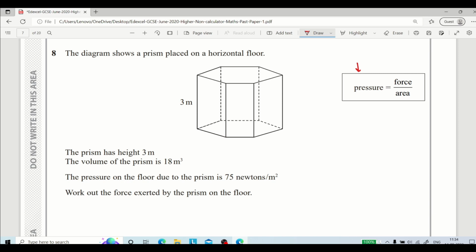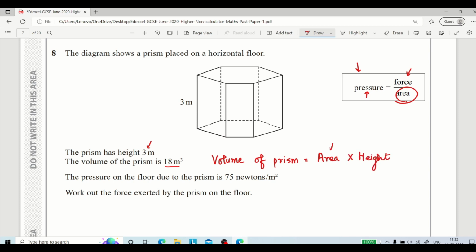So the very first thing here is we are given the volume and we are given the height. Yes. And for pressure, we are given the value of pressure. We need to find out the value of force. So which means we are expected to know the value of area. Yes. So please note that volume of prism is actually area into height.